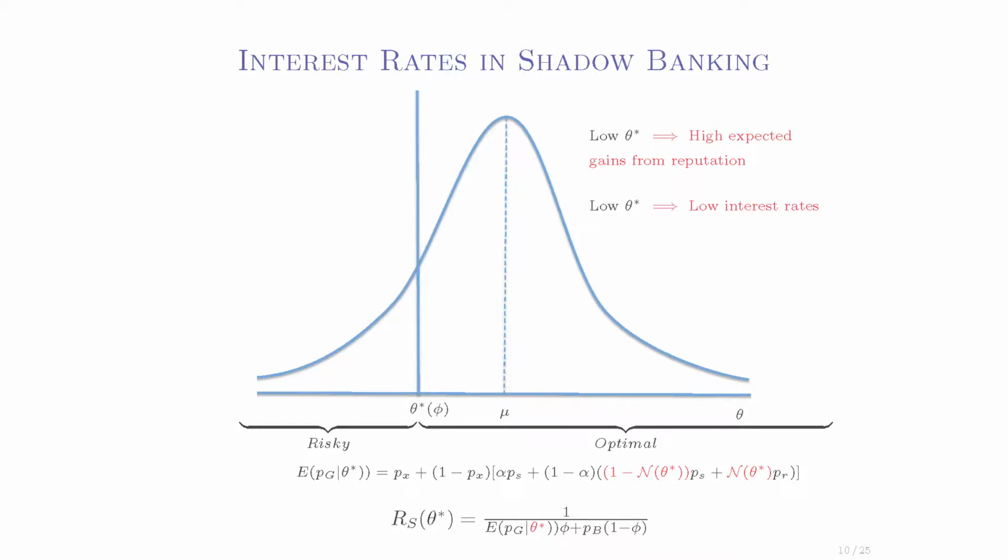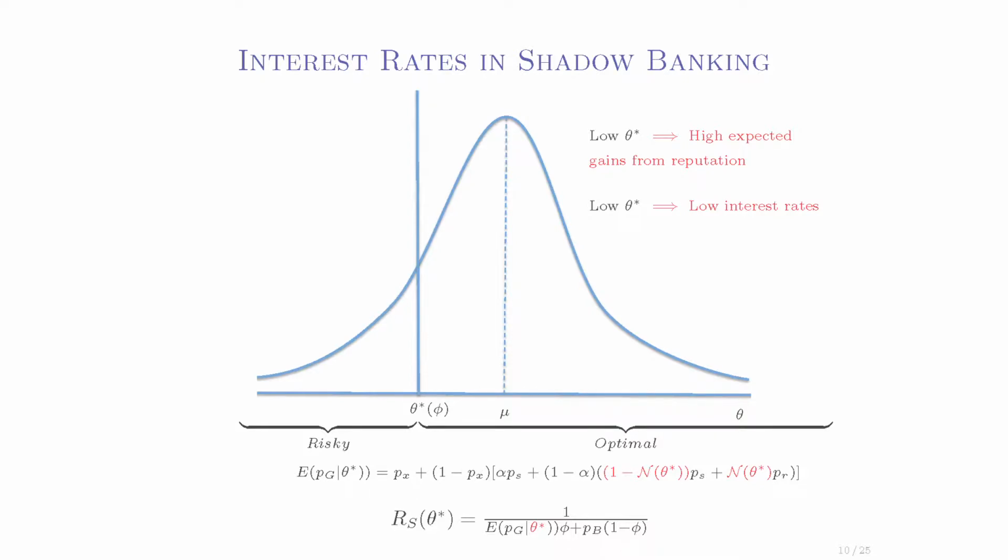If this is the threshold, this is the probability that the good banks will take excessive risk, and this is given the probability that the good banks will invest optimally. All right? So now the investors will compute the expected probability that a good bank will repay, and this is going to be basically a convex combination given by these masses between investing optimally in this part of the normal distribution, in this case normal distribution, it doesn't matter, or taking excessive risk.